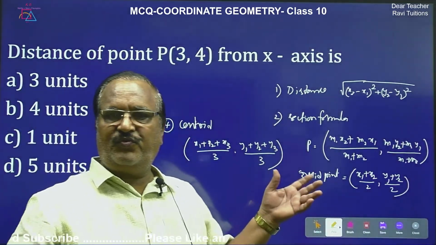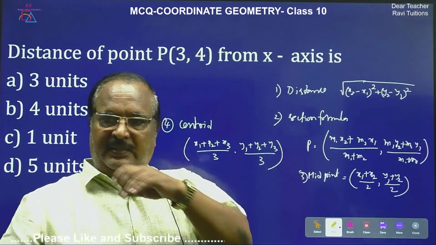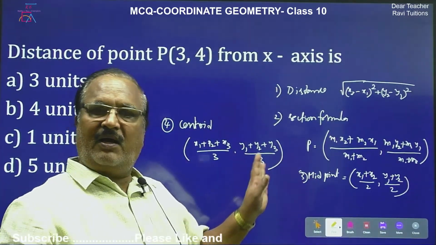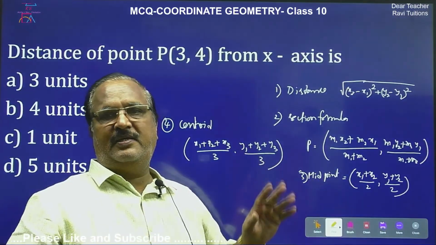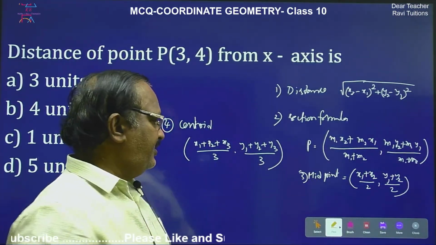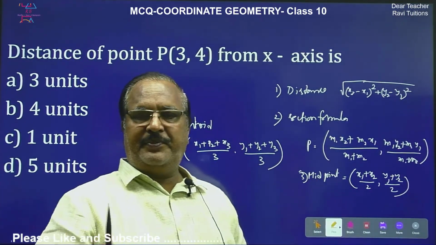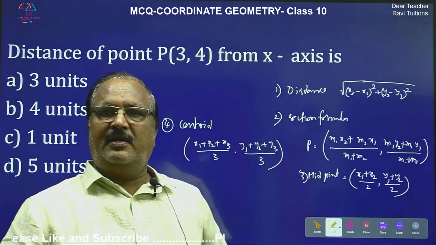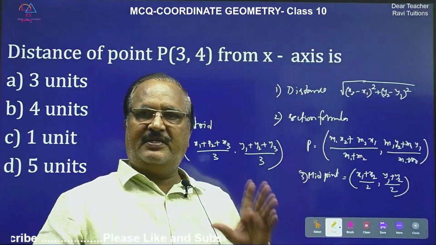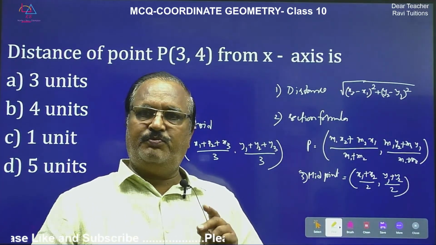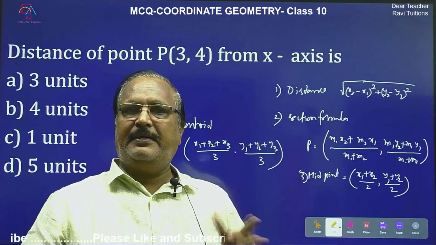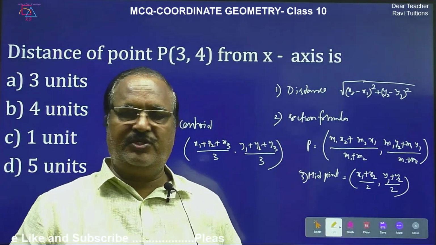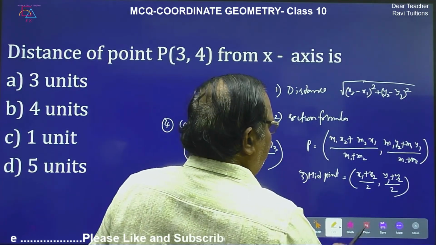So these four formulas you can remember, and based on these only you have the questions. Very important for MCQ questions, you should know the formulas. All the formulas in the chapter, you should thoroughly learn, memorize, whatever you want to do.